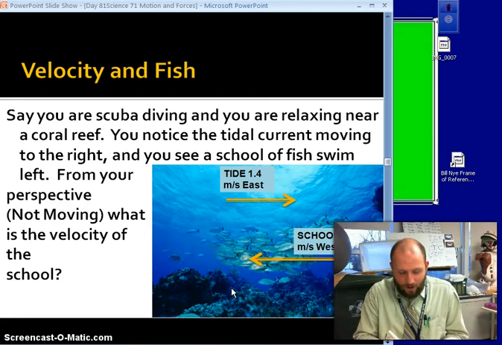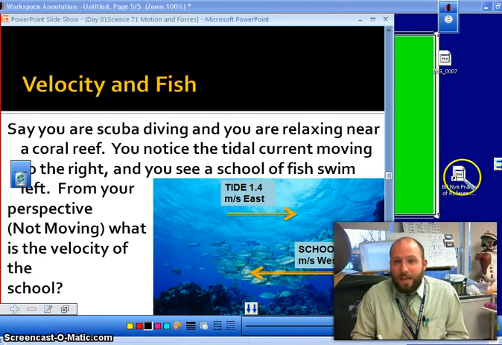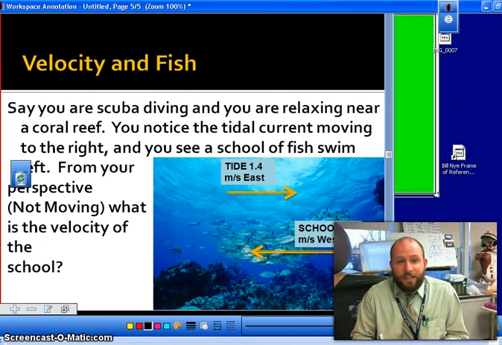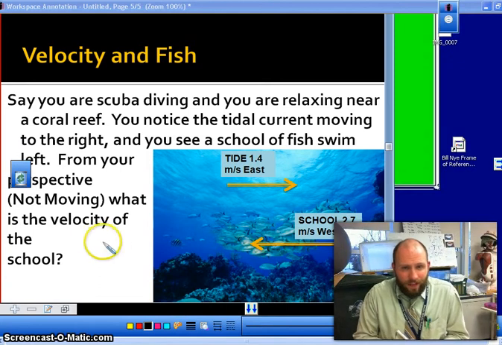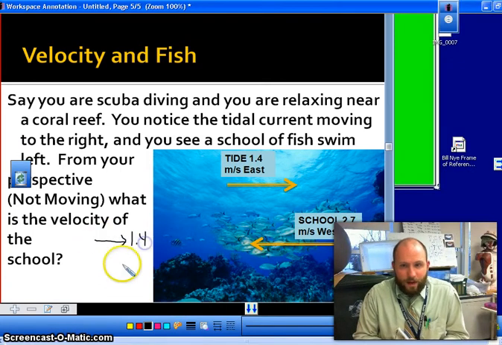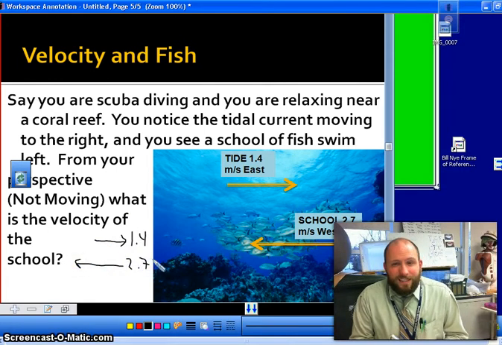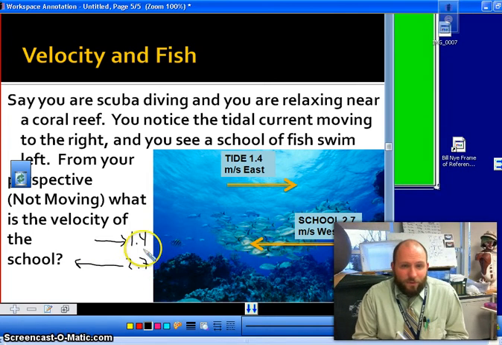Alright, so we're back. So we have to figure out here, what is the speed, better yet, the velocity of the school? Well, if we have a velocity of 1.4 to the right and a velocity of 2.7 to the left, well, we're going to need to basically subtract these two numbers. So 2.7 minus 1.4 is 1.3.